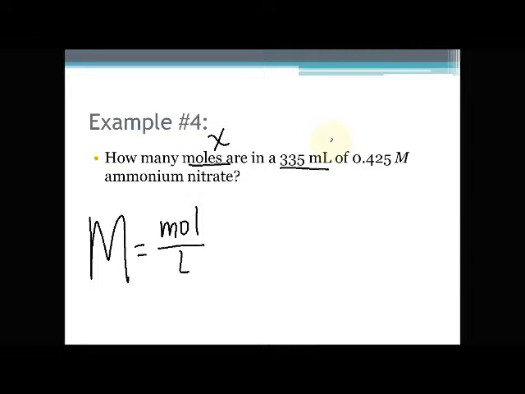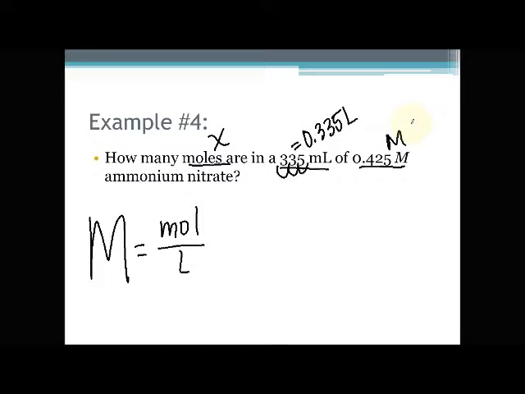Our volume is in milliliters. So like Cole told us yesterday, if you need to get it to liters, you move your decimal 3 times. So we're going to go 1, 2, 3. So that is equal to 0.335 liters. All right, of a molar solution.